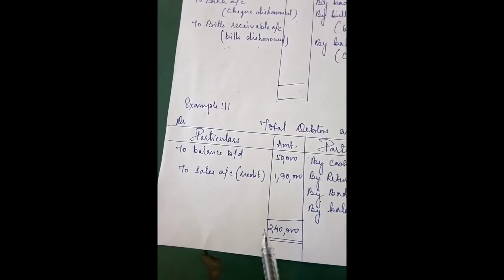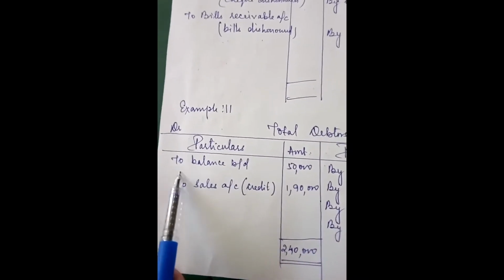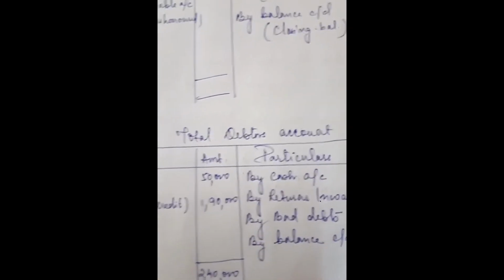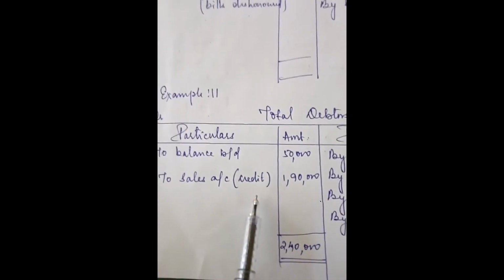So we begin with the total debtors account, the debit and the credit. We follow the total debtors format. So in the debit side we have to balance b/d 50,000 and then to sales account which is a credit.